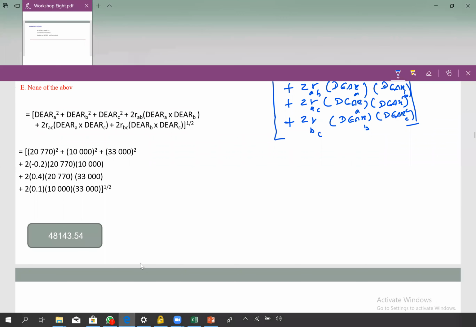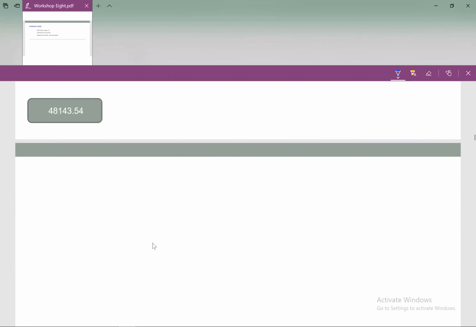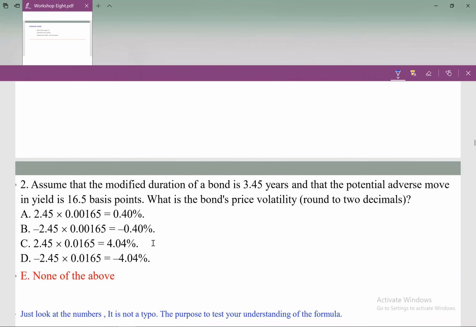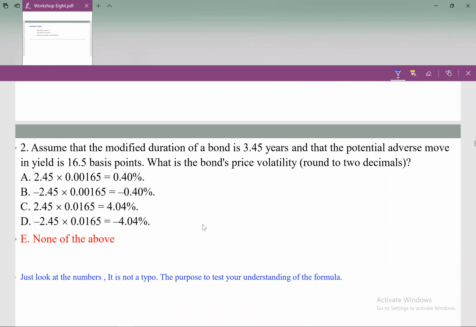Okay. Let's go to the next question. Assume that the modified duration of a bond is 3.5. What is the problem here, guys? Anybody can tell me what is the problem?